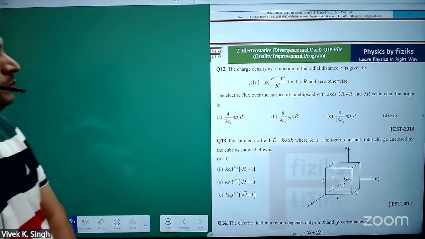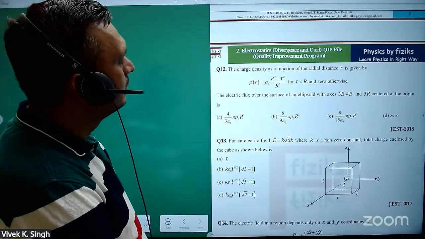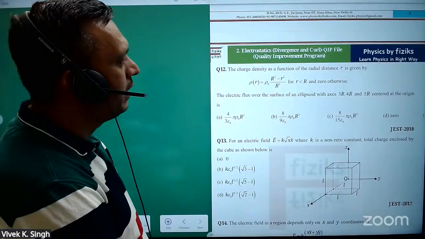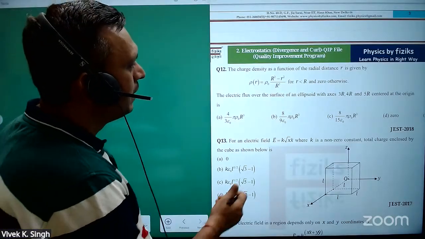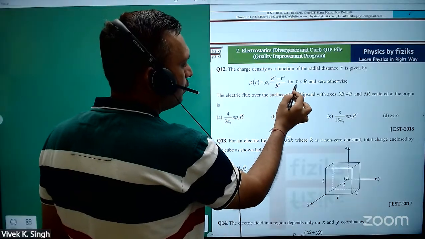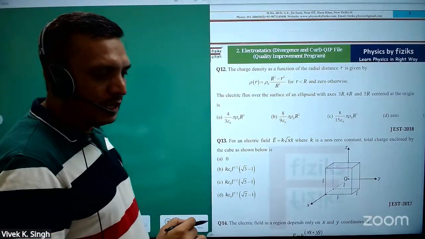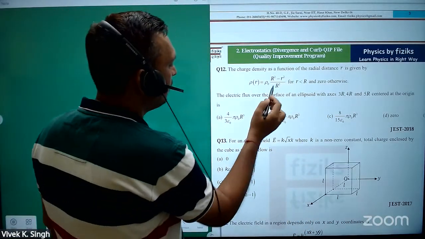Now see, the charge density as a function of radial distance r is given. It is given that the charge density is this value for r less than R and 0 otherwise. For r greater than R, the charge density will be 0.